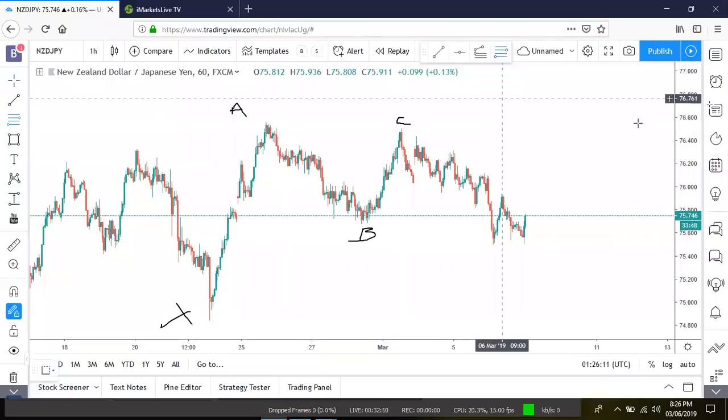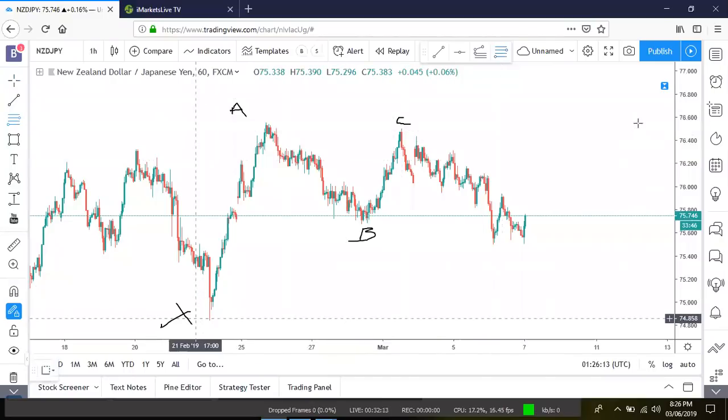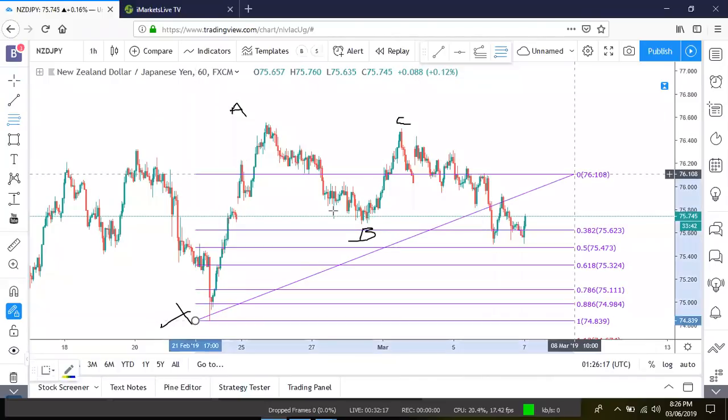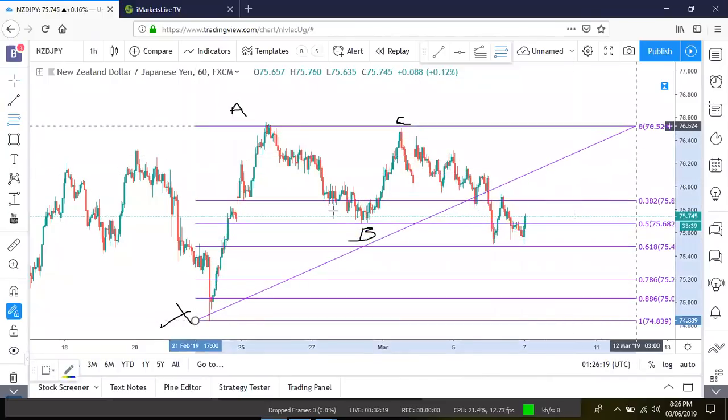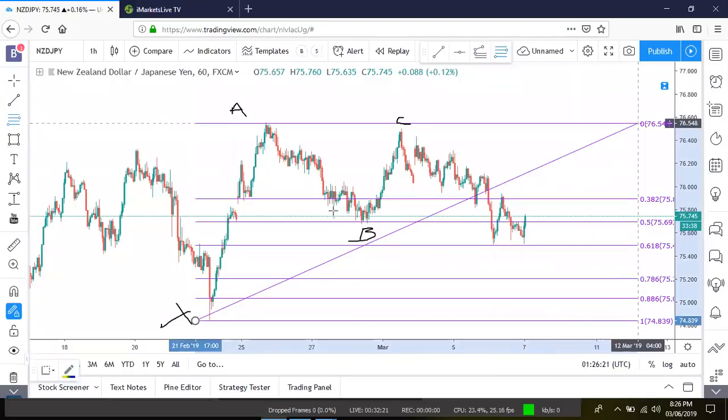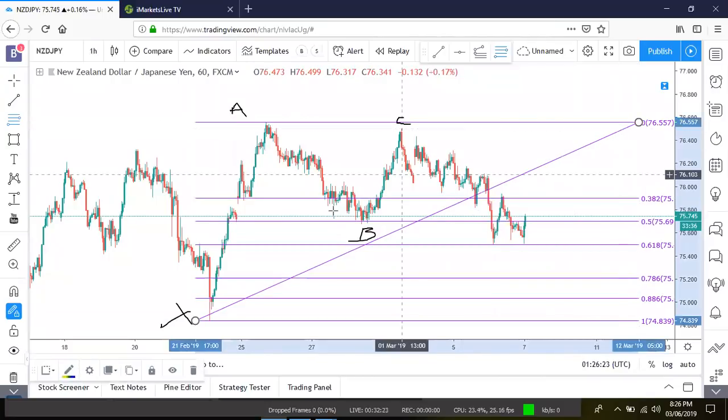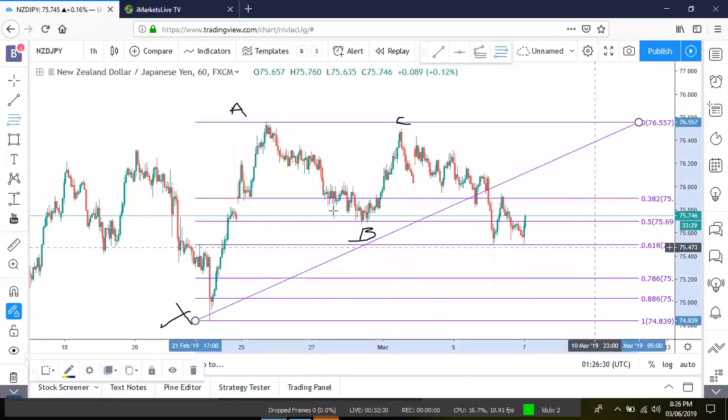To identify my D entry point, I'm going to take my fib from X all the way to A, I apologize. X all the way to A. And I'm looking at the 88.6 retracement level. Exactly, no cipher pattern because C leg has not passed the A leg.